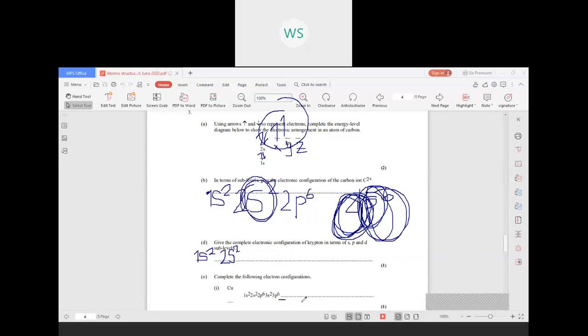So can you help us to continue the subshell configuration? This one already is 10, here is 10, and then here is 8. Can you help us to continue?